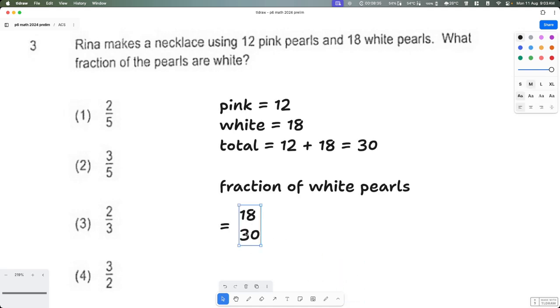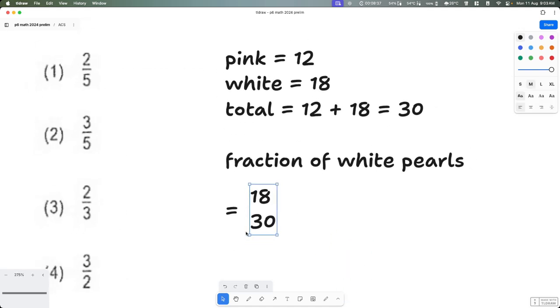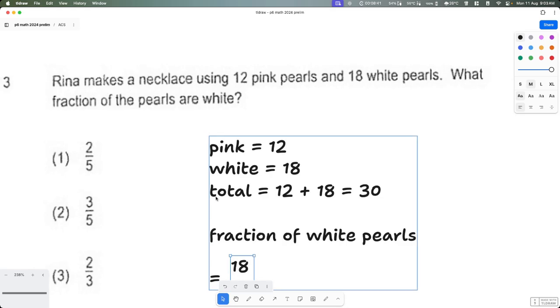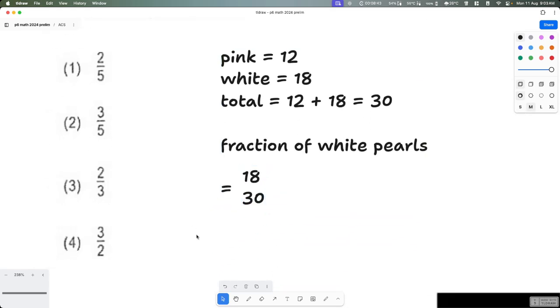What can we do to divide further to simplify it? Even though the question didn't say to simplify, you need to simplify. So what is the common factor between them? If you say we divide by 6, then you're right.